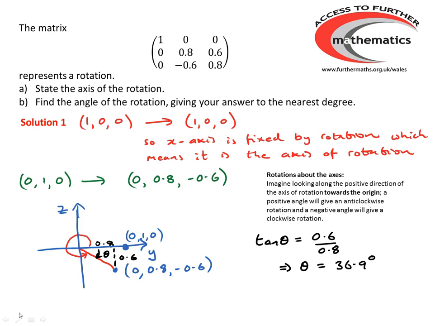So the rotation that we've got is 36.9 degrees in a clockwise direction, which we can interpret as being a rotation of minus 36.9 degrees, or if we like 323.1 degrees, remembering the convention that a positive rotation is in the anti-clockwise direction.